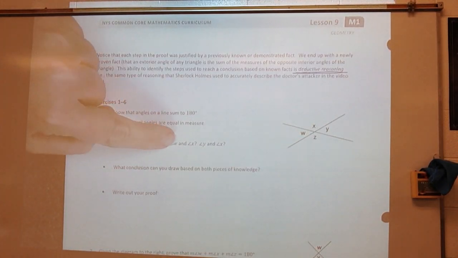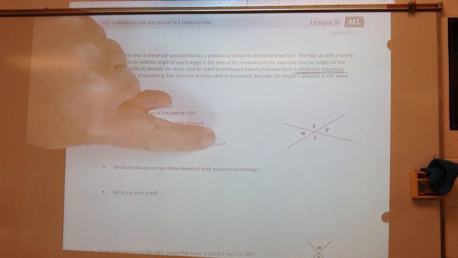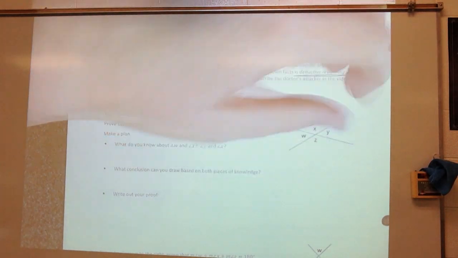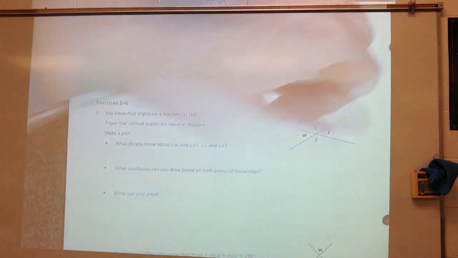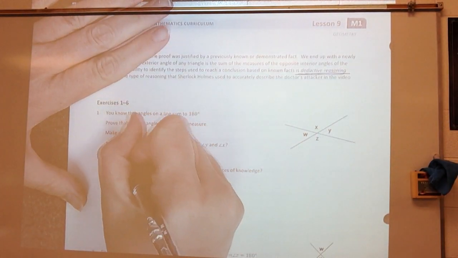What do you know about the measure of angle W and the measure of angle X? What do you know about the measure of angle Y and the measure of angle X? Well, what do you know, guys? They are linear pairs. W and X are a linear pair, X and Y are a linear pair. They sum to 180 degrees.